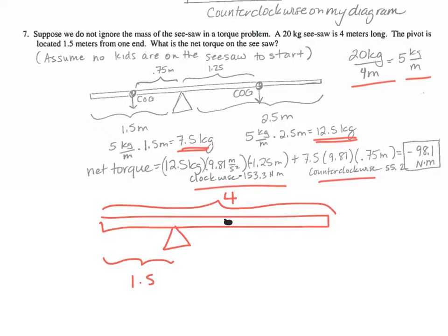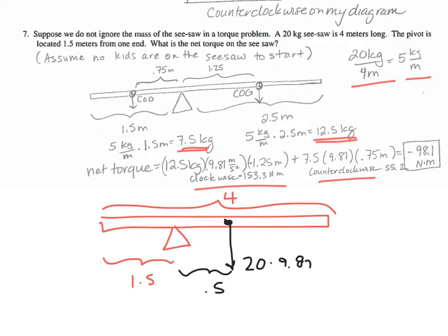So this seesaw is 20 kilograms and 4 meters long. I've got 20 kilograms times 9.81 acting right here at 2 meters, and this distance would be 0.5 meters away from the pivot.